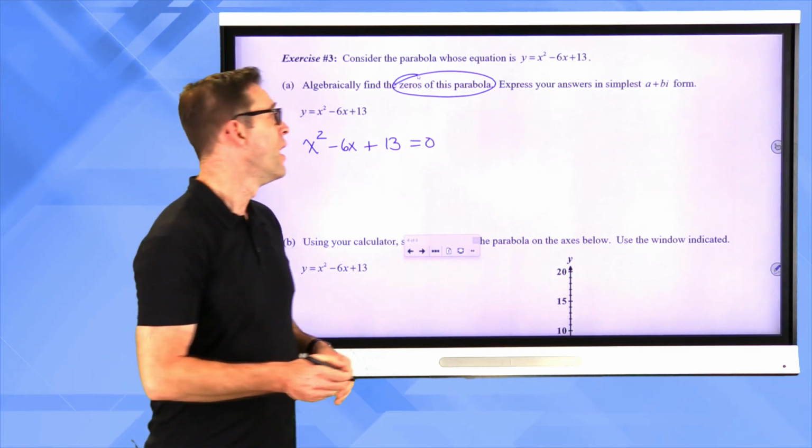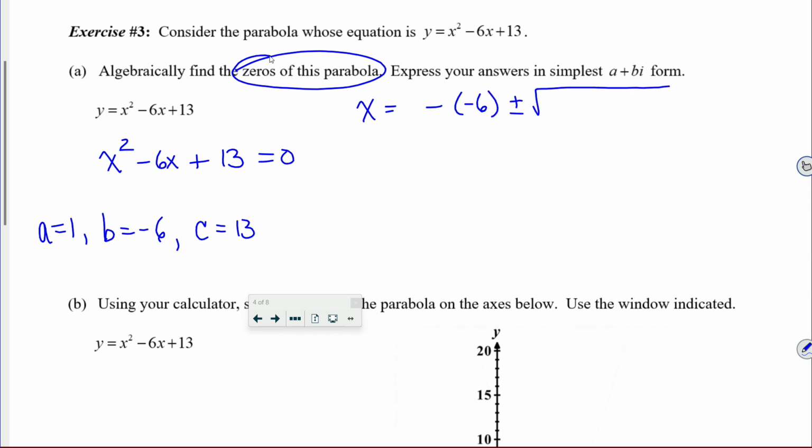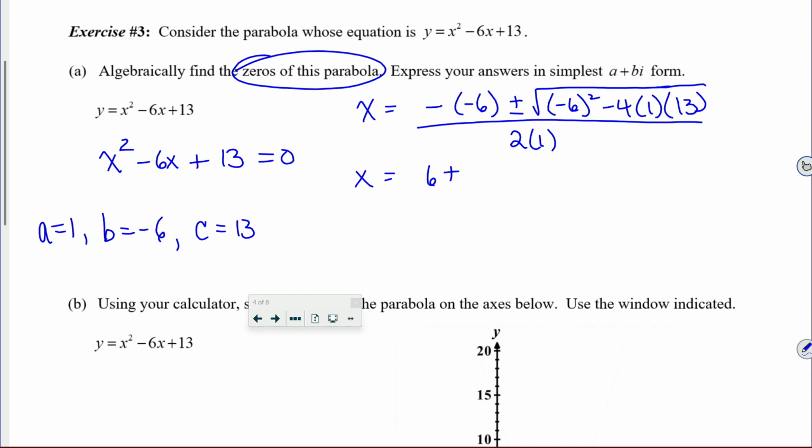All right, well, let's do it. I'm going to use the quadratic formula, I think, this time. I'm going to say a is 1, b is negative 6, c is 13. So x equals negative 6 plus or minus the square root of negative 6 squared minus 4 times 1 times 13, all divided by 2 times 1. x is going to be positive 6 plus or minus the square root of negative 16 divided by 2.